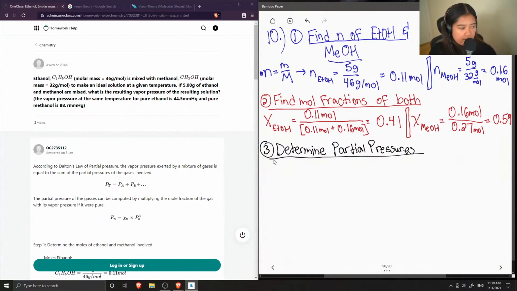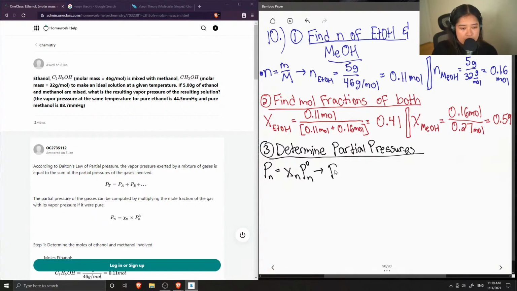To calculate the partial pressures of gases, this is our mole fraction multiplied by the vapor pressure of the pure substance. I'm just going to write the general equation: the mole fraction times the vapor pressure of the pure substance.